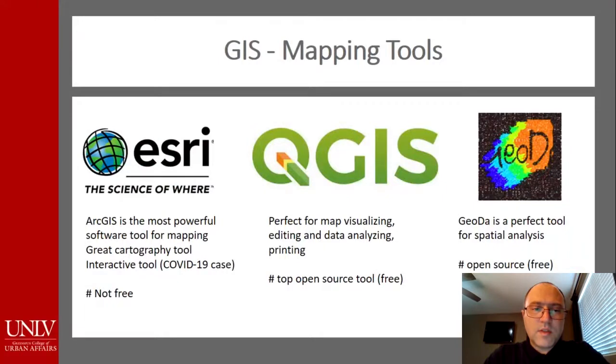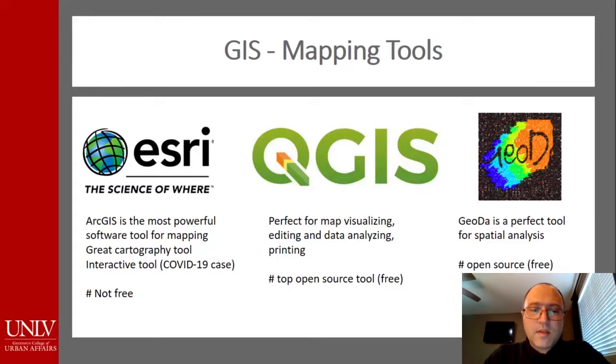I bring three GIS tools to introduce here and compare with each other to see which one is the best tool to use. ArcMap, from the Esri company, I believe is the most powerful software for mapping.